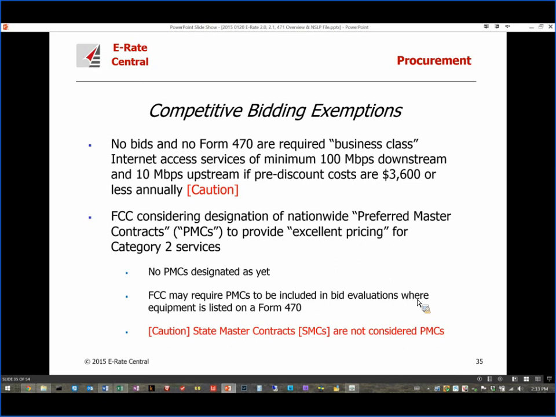One of the cautions that we have is we're afraid that applicants will interpret that state master contracts are deemed eligible as preferred master contracts and fail to file their 470s, which would be disastrous. So they need to make sure that they realize that this isn't even in effect this year and that they handle their 470s as they normally would.